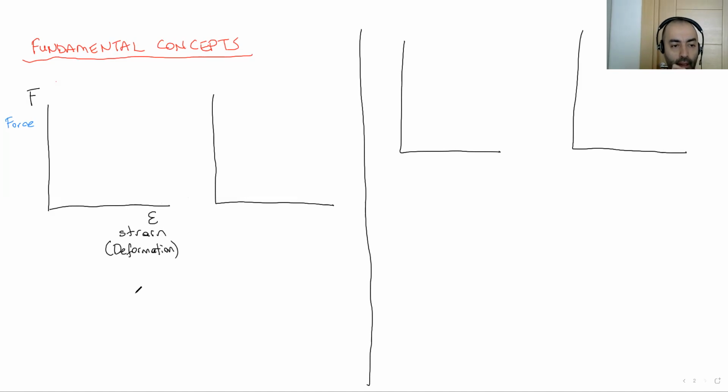Okay. Now, let's think about a structural member here. We applied a tension to this member. Under this tension loading, it's gonna get elongation. That means its length will increase a little bit.